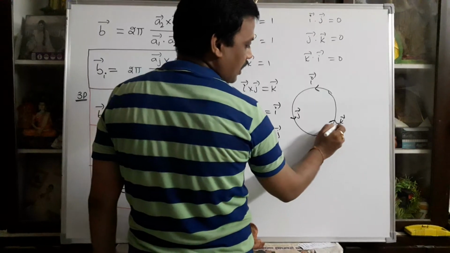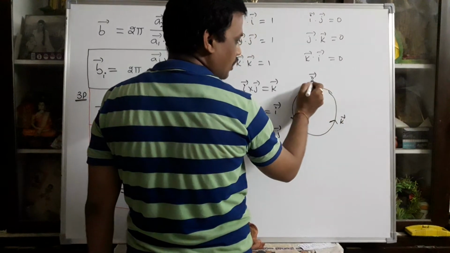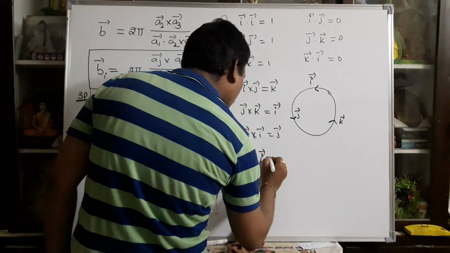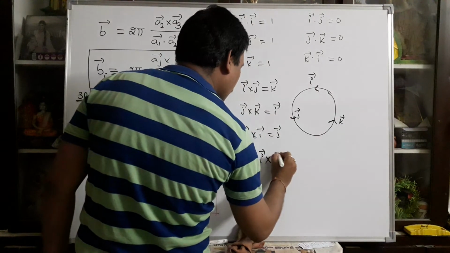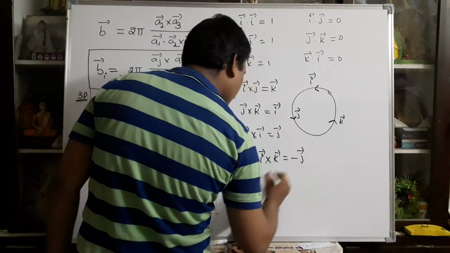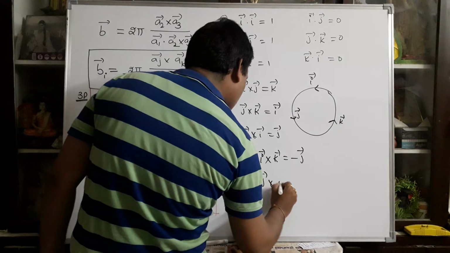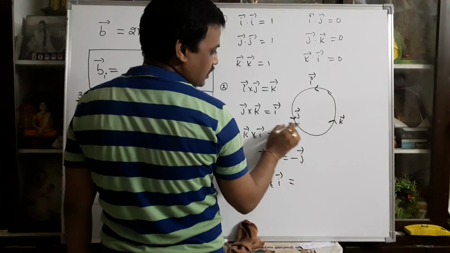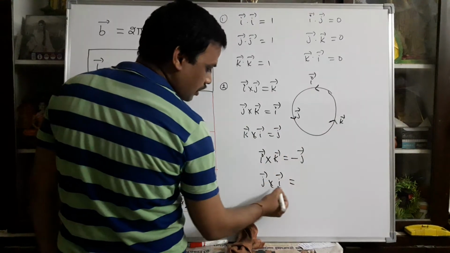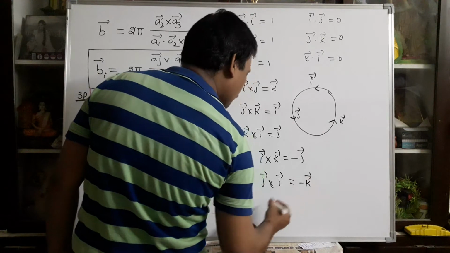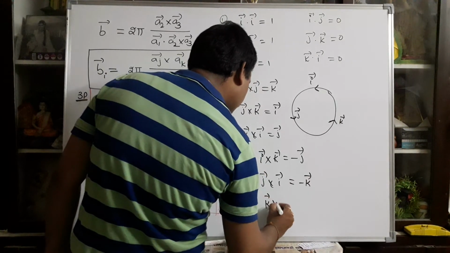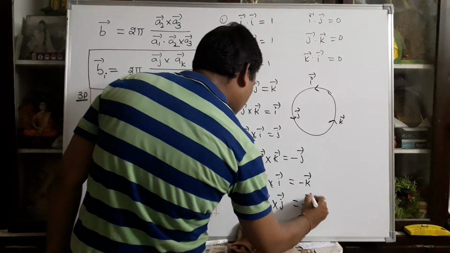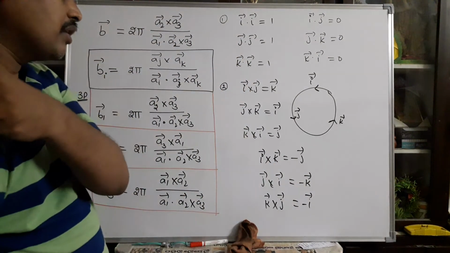In the opposite pattern, i bar cross k bar is equal to minus j bar, j bar cross i bar is minus k bar, and k bar cross j bar is minus i bar. This is the cross product value.